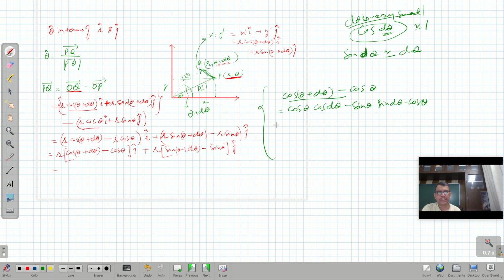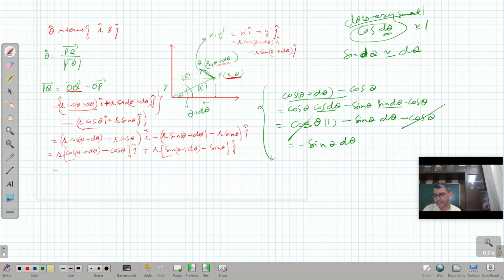If I put all these things here, it becomes cos theta into 1 minus sin theta d theta minus cos theta. This will cancel out, so it is minus sin theta d theta.